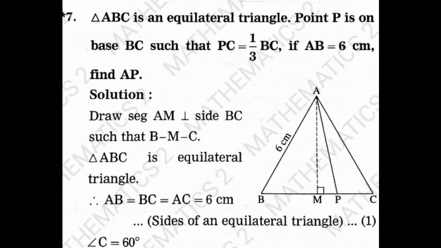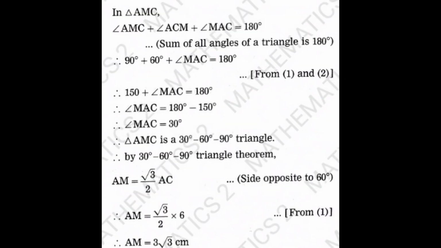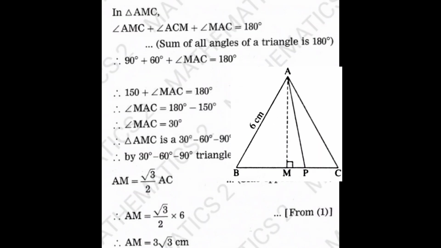So we will use the 30, 60, 90 degree triangle theorem. Now I am going to consider triangle AMC. Look at the figure. In triangle AMC, angle AMC plus angle ACM plus angle MAC is 180 degree.